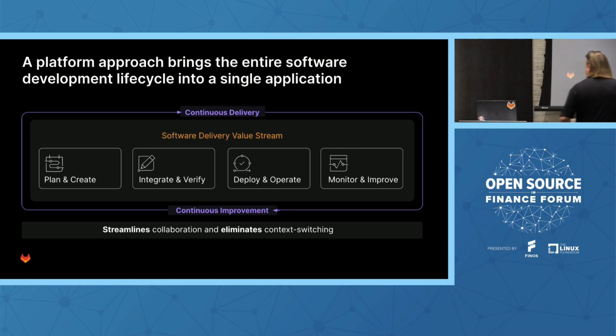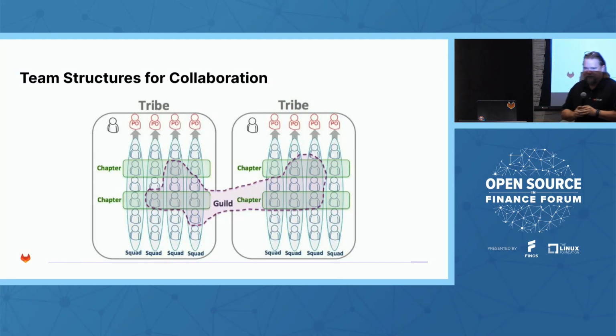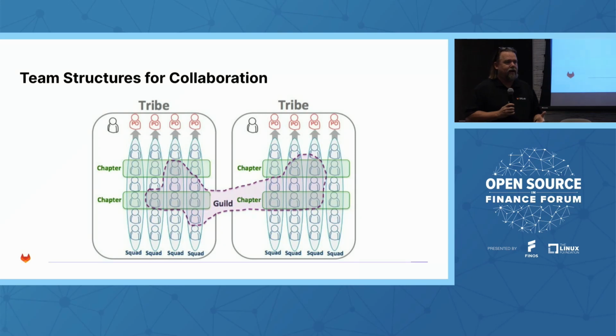I'm not sure how a lot of you are organizing your teams today, but Spotify has a really interesting model. And Spotify will tell you this is not one-size-fits-all. You cannot just go into your organization and say, hey, if you do this, everybody's going to be great. But the way that they do it is you have a product owner and a squad, and this squad will never have more than 10 people.